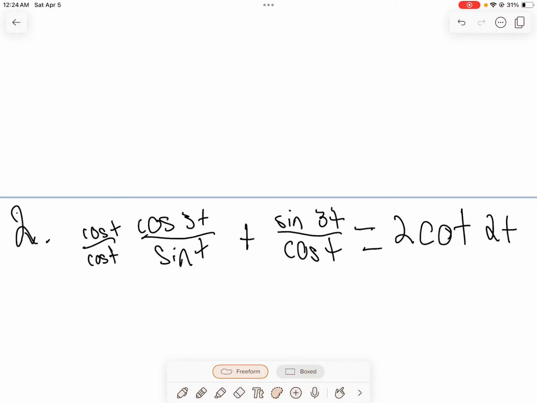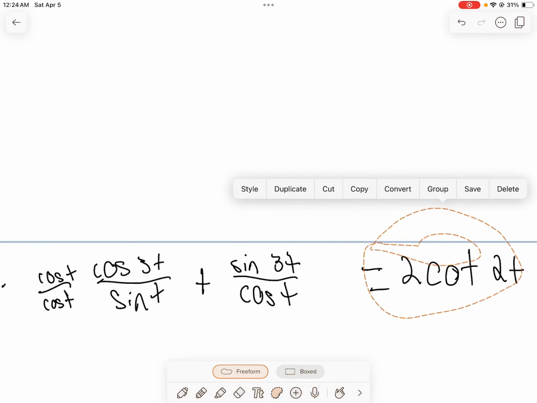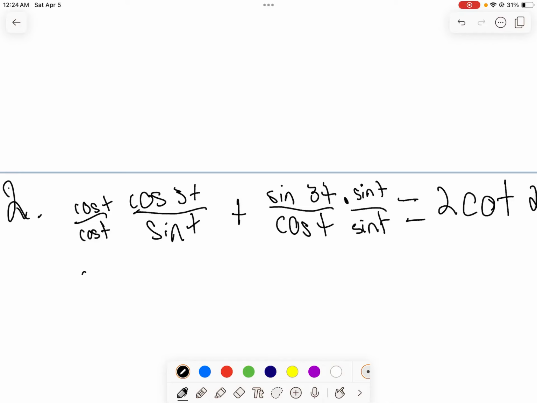I need to move this over a bit. Oh, my apologies, you can't do that. Oh, not quite.